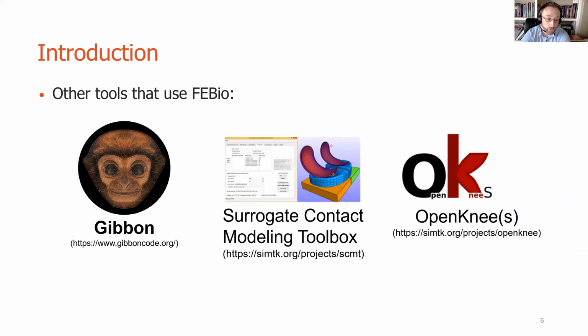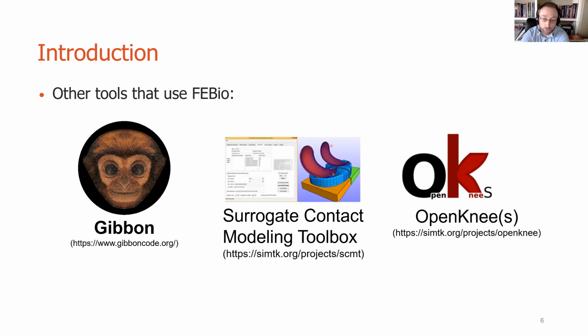There is, for example, the Gibbon MATLAB toolbox that does visualization and mesh generation using MATLAB, but also can do finite element simulations where they use FEBio to solve the finite element problems.